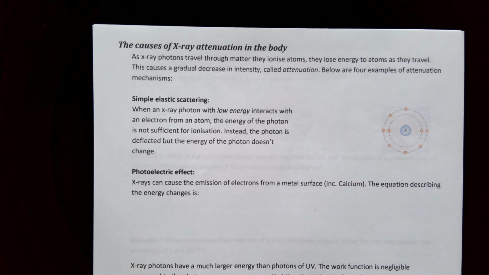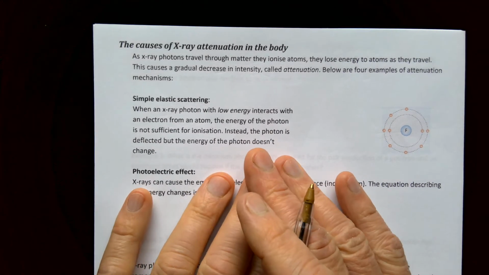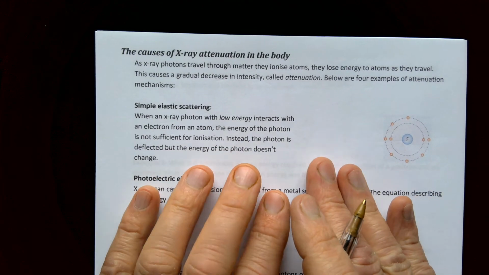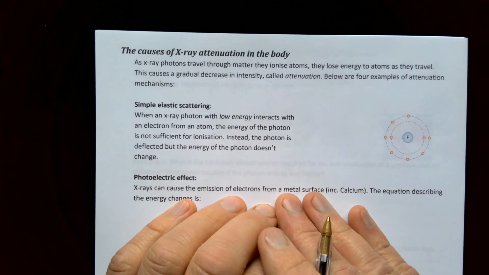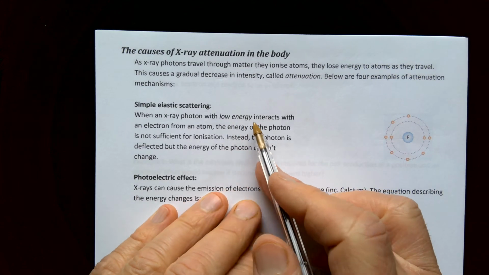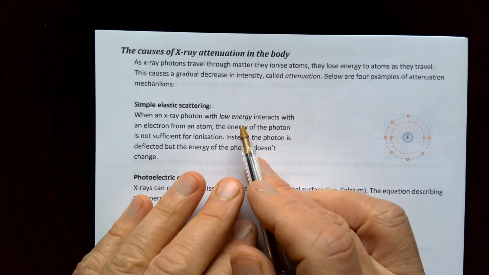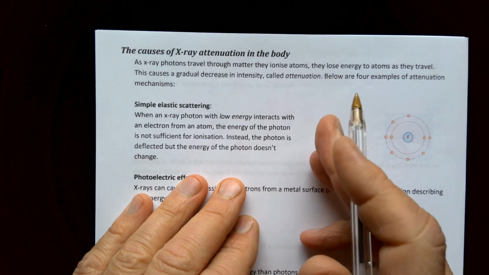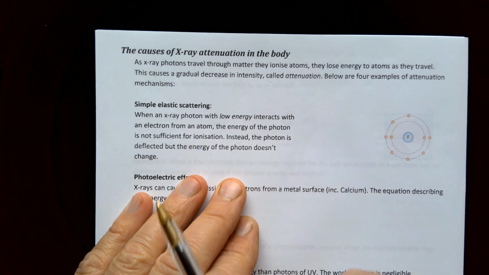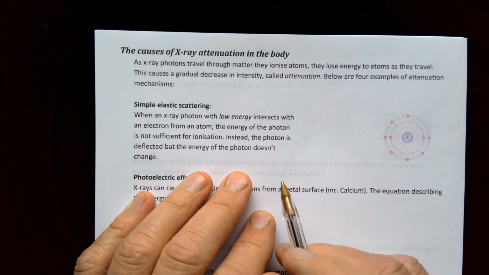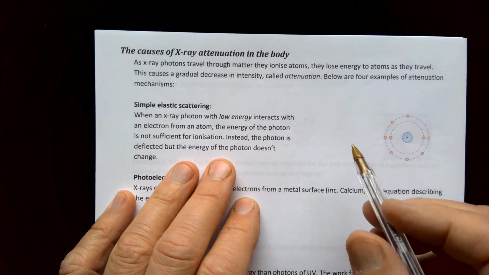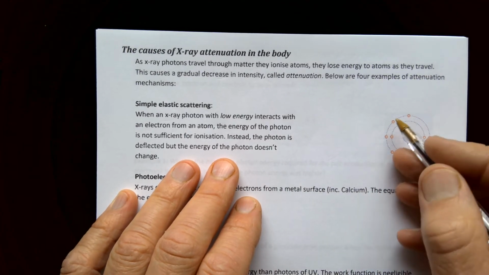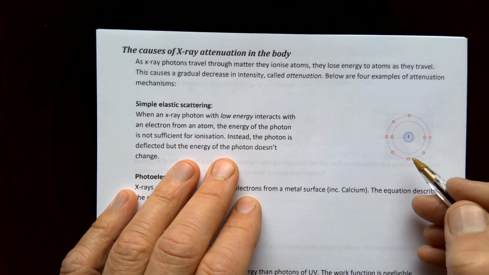Okay, so first off, we'll just go with the basic idea that happens at a lot of energy levels. It's not just X-rays. So anything with a low energy interaction, so low frequencies, not velocities, of course, because they're photons of light traveling at the speed of light. What you find is it's not enough energy to change the atom itself.